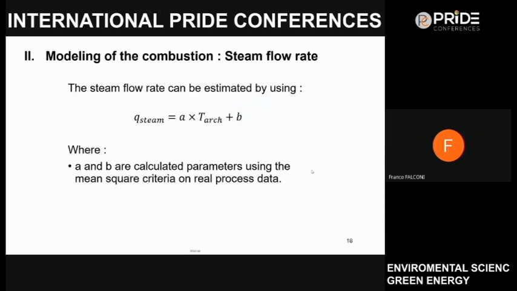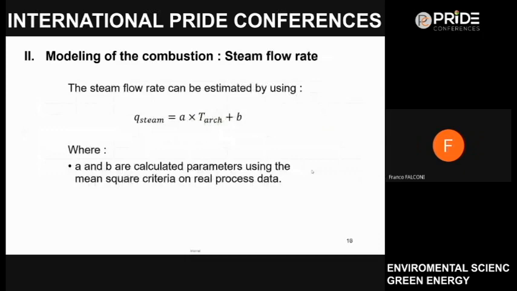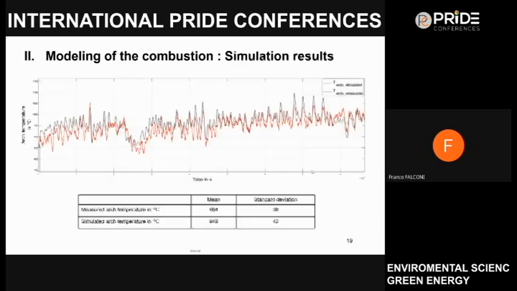And finally, once we have this combustion chamber temperature, we need to make the link between the temperature and the steam. In order to do that, we decided to use a simple regression equation between the steam and the arc temperature. So let me show you some results of this simulation.